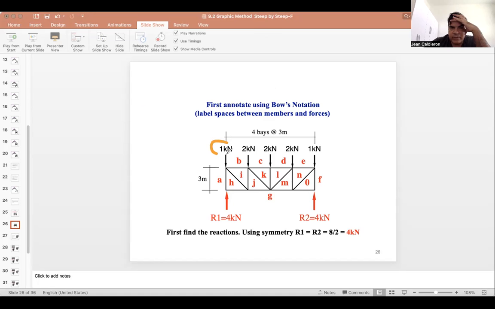Well, in this case, we have the reactions that are 4 and 4 because the loads are 8, 6, 6, 6, and 1. Well, you can do the same drawing that we did before.